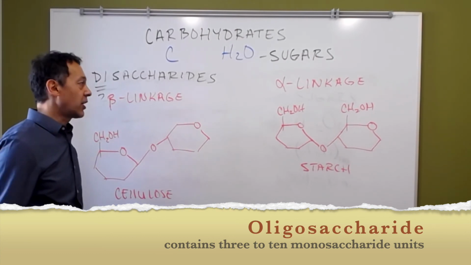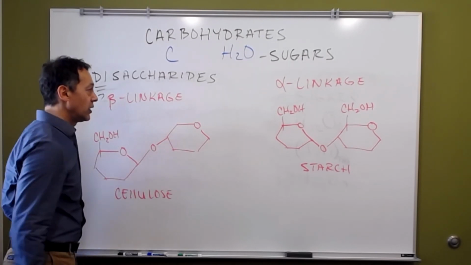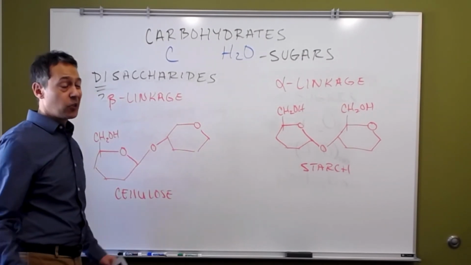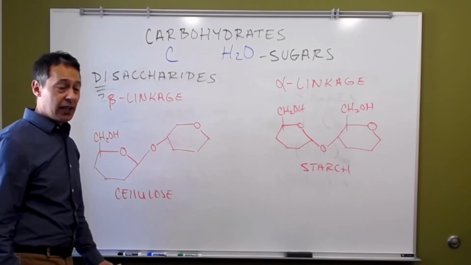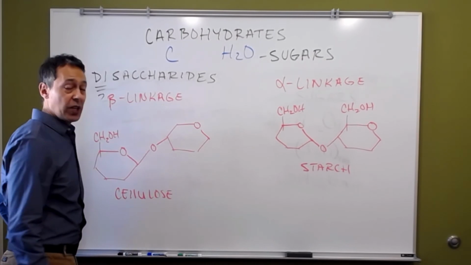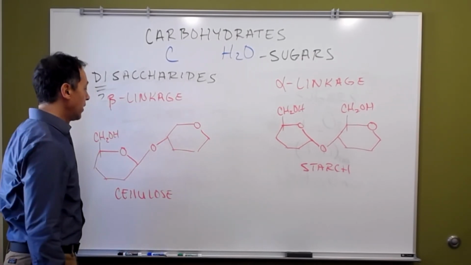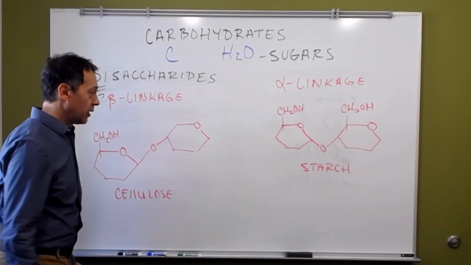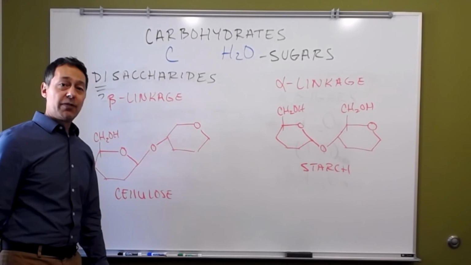An oligosaccharide is between disaccharides or trisaccharides and polysaccharides. Depending on who you ask, between 3 and 10 monomer units would be an oligosaccharide, and a polysaccharide might be more than 10, but that's a little fuzzy. It's not worth fighting over anyway. All right, so that's the classification of carbohydrates.